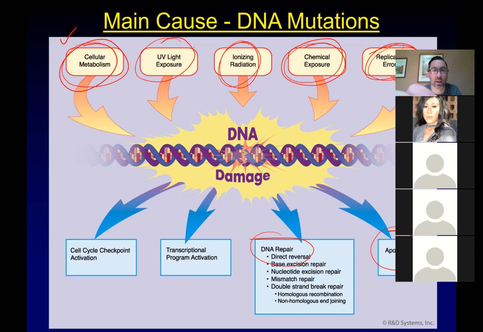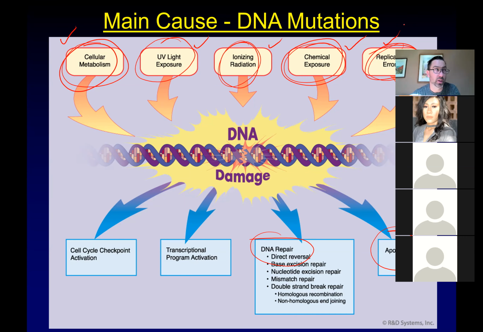So ultraviolet light, ionizing radiation, so something like X-rays or nuclear, like a nuclear bomb or something. That's going to be ionizing radiation. Exposure to a host of chemicals. Lots of industrial chemicals that are used, things that have benzene rings in them and stuff. Lots of things in that area can cause DNA mutations, and then some of them are just natural errors.